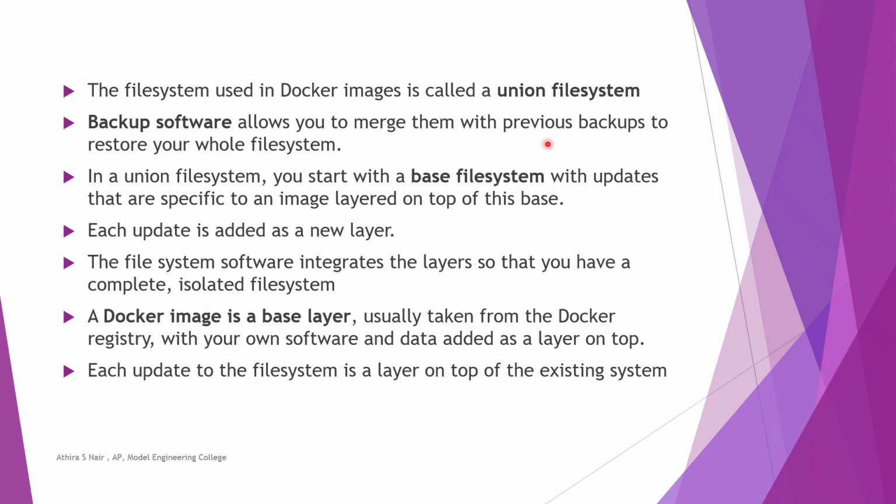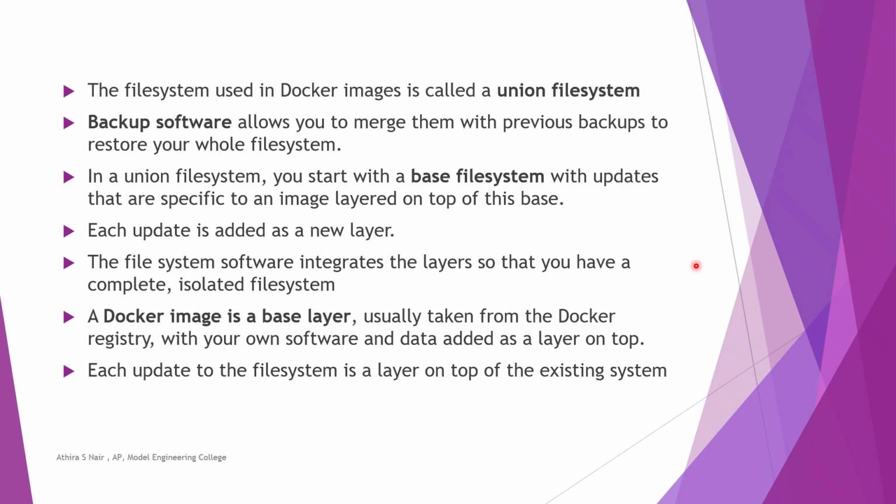In a union file system, you start with a base file system with updates that are specific to an image layered on top of the base. Each update is added as a new layer. The file system software integrates the layers so that you have a complete isolated file system.